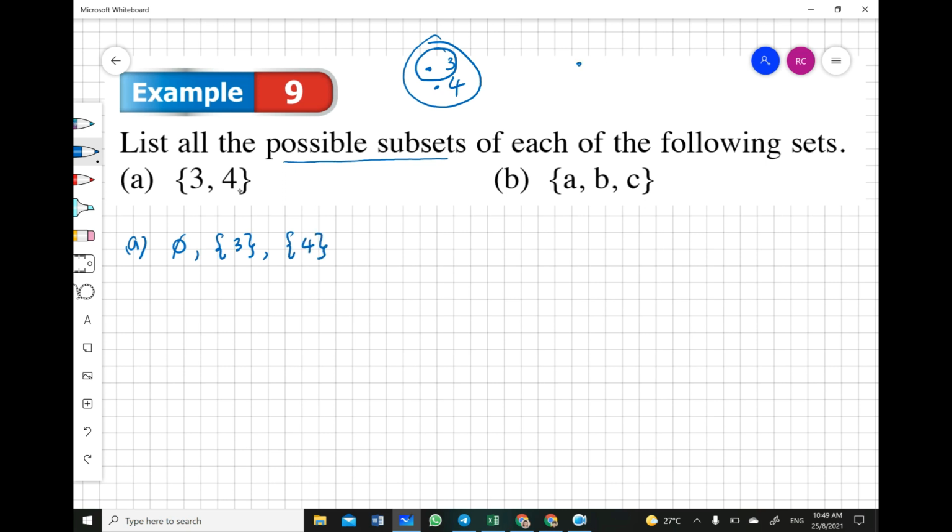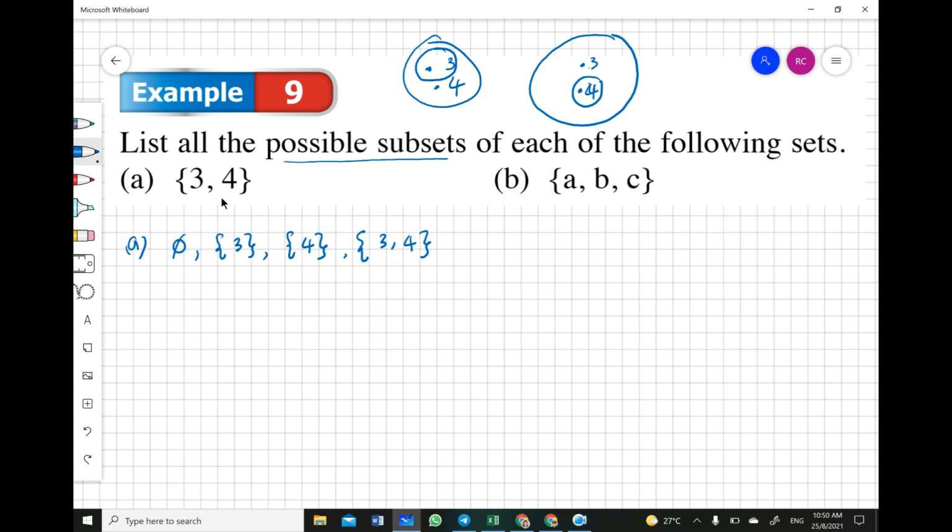Sorry, I circled the wrong one. I should circle number 4 only. So this is a 3, this is a 4, and these are subsets. After that, it can also be a combination of 3 and 4. Meaning that we can form 1, 2, 3, 4, four types of subsets for this set.